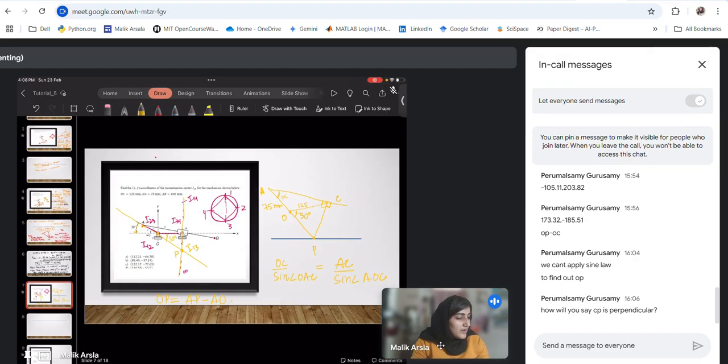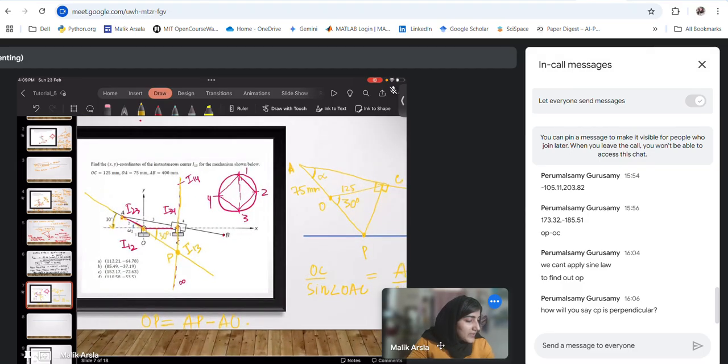So we can find AC from here and put it in this equation to find the angle AOC. So we first need to find AC. How can we find AC?